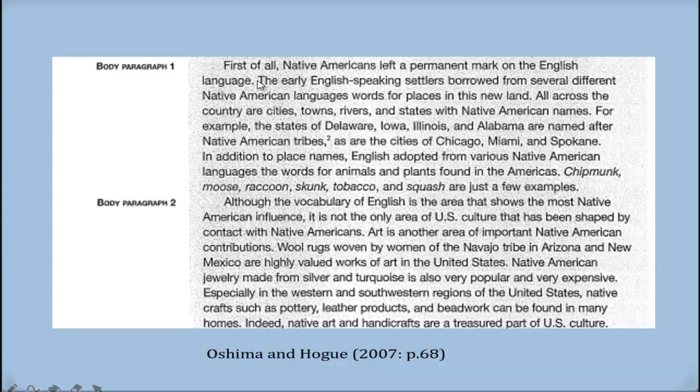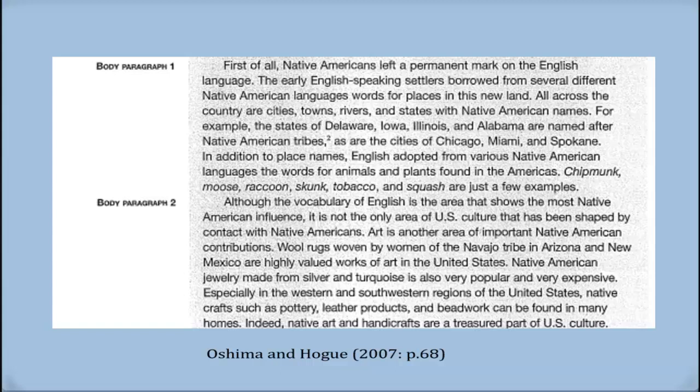So this is the topic sentence for this paragraph, and the rest is the explanation about this topic sentence. And so does the second one. In paragraph 2, although the vocabulary of English is the area that showed the most Native American influence, it is not the only area of US culture that has been shaped by contact with Native Americans.